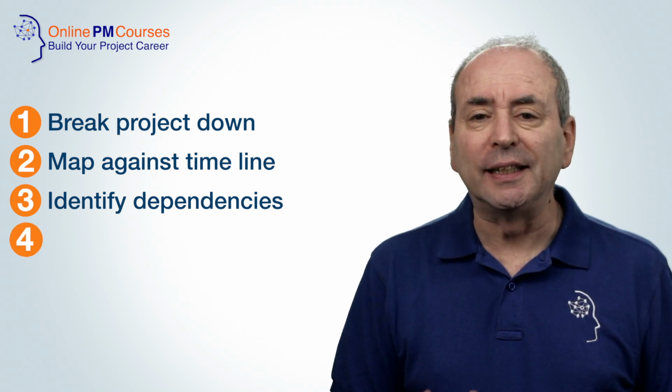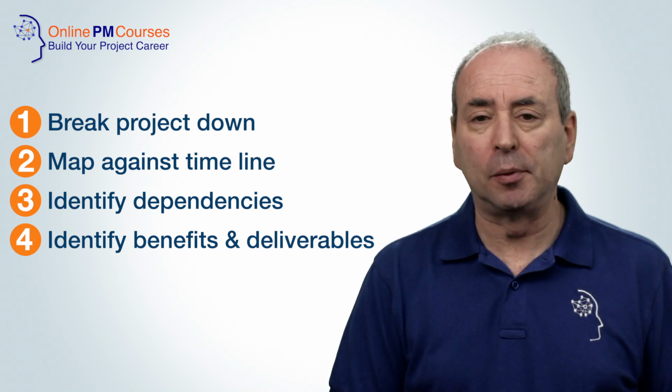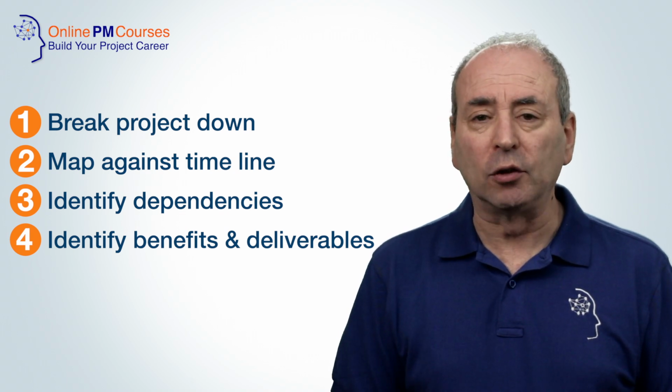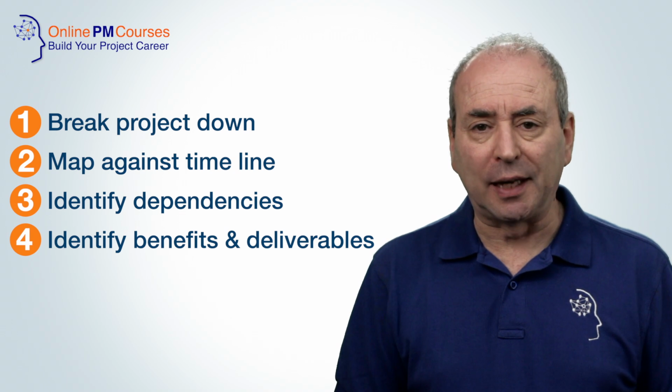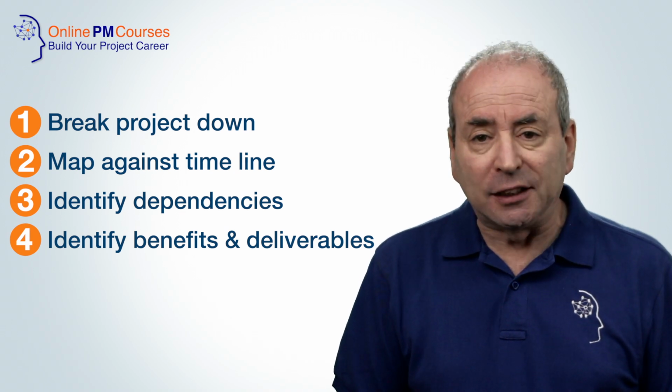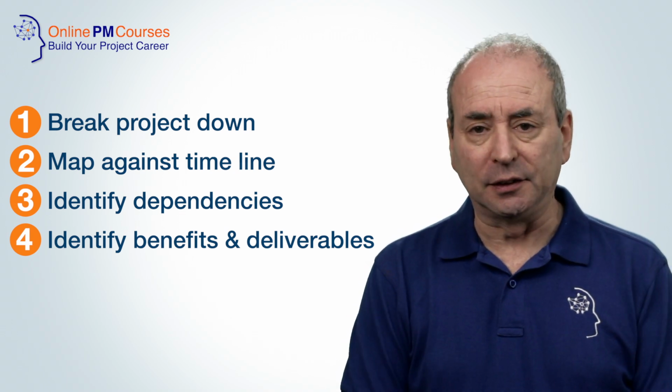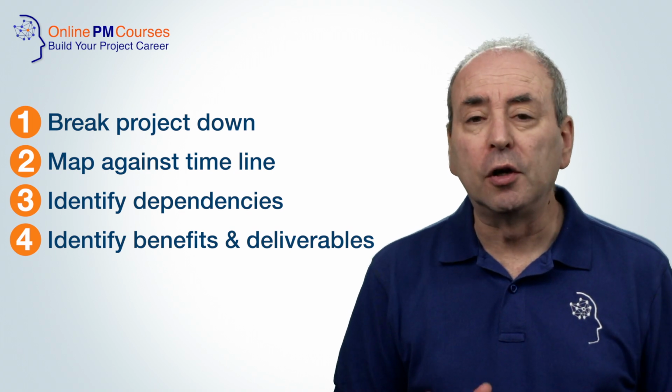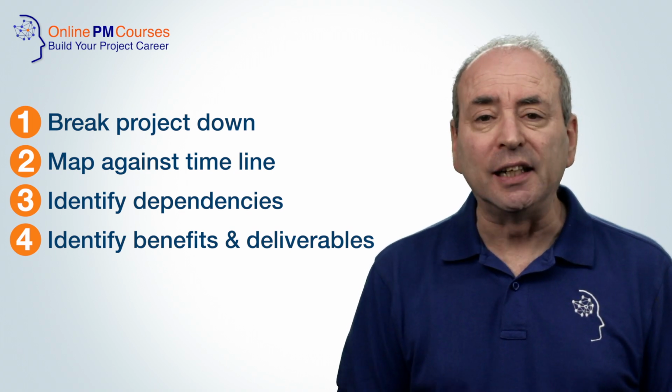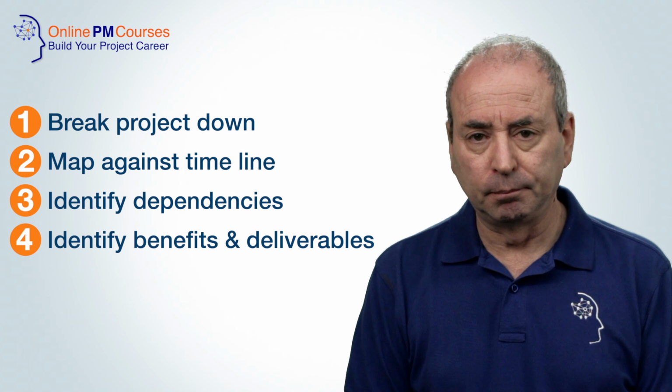Step 4 is to identify the key benefits and deliverables and to plot these out against when you expect them to happen. Represent these as quarter ends or month ends. And of course, you can also add in other essential project milestones.